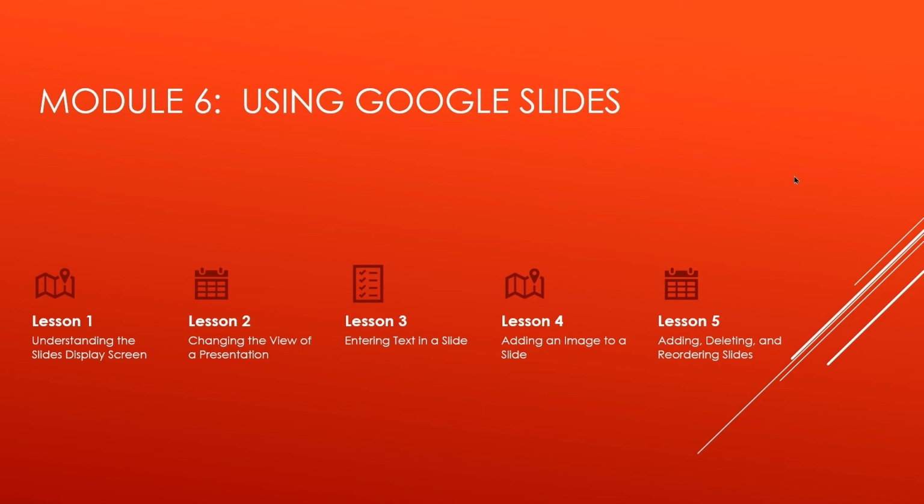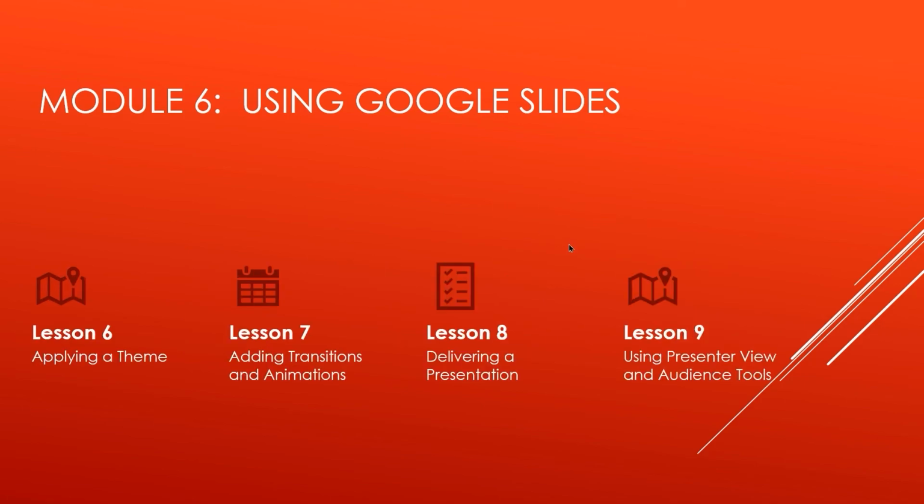We added an image to a slide and moved on to adding, deleting, and reordering slides before applying a theme to make our presentation more visually appealing. And then we added transitions and animations to our presentation. We went through delivering our entire presentation and then ended by using presenter view and audience tools.